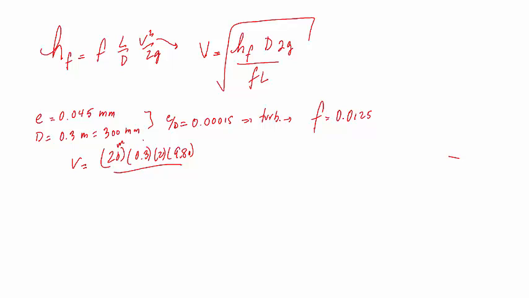Remember, this is meters. The friction factor is 0.0125, and the length, which was 2,000 meters. So you'll have meters.